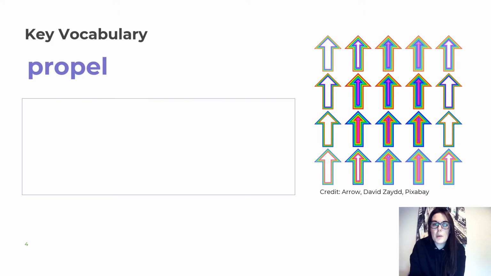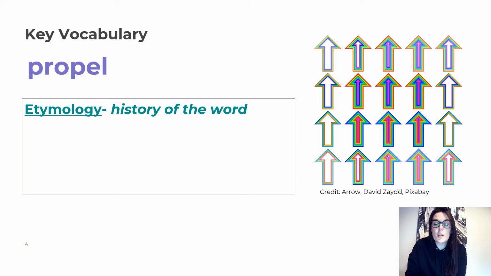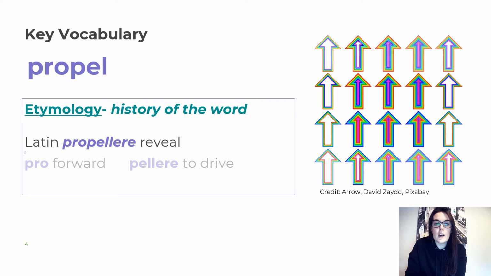Okay, so we're going to look at some key vocab today, and the first word that we're going to look at is propel. Now I know that you're going to know what that word means, but let's just have a look at it. So the etymology of the word comes from the Latin propellere, which means reveal. So obviously you probably know that from the context of go forward or to drive forward, but actually we're interested in this Latin version of it, of what it reveals.